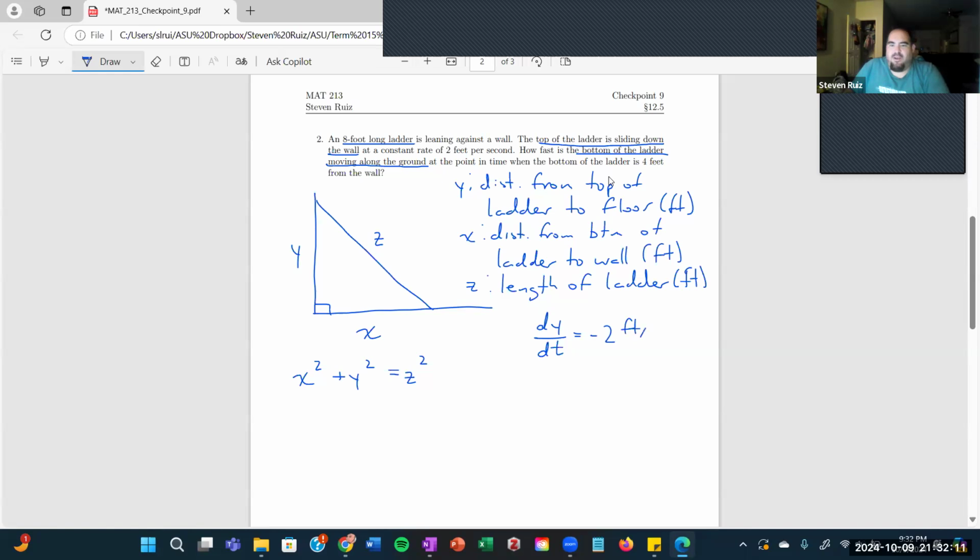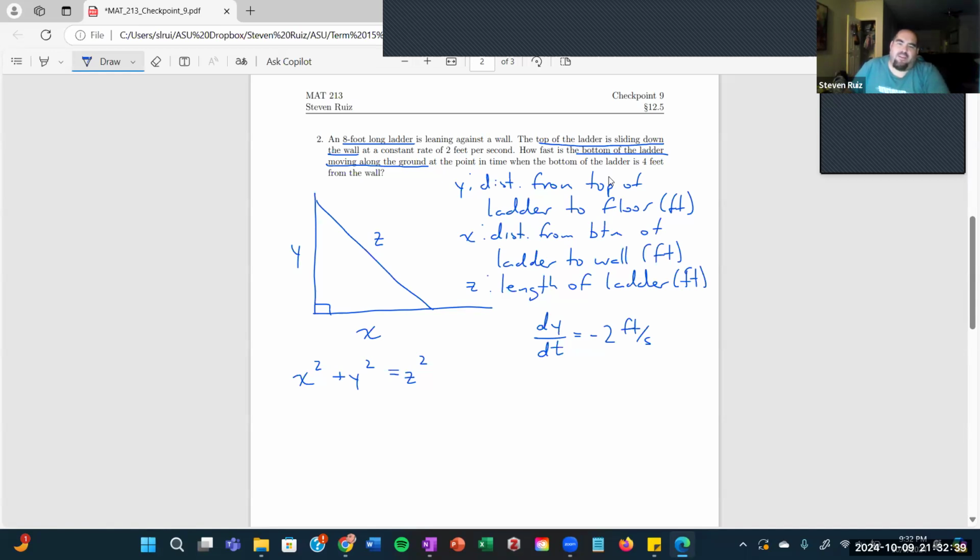Why am I being really specific about that -2? Because the ladder is sliding down the wall, so the change in y with respect to time is going to be negative. The distance y is decreasing as time goes on. So dy/dt is not what I want to find. That is something I know. All right, how fast is the bottom of the ladder moving along the ground?